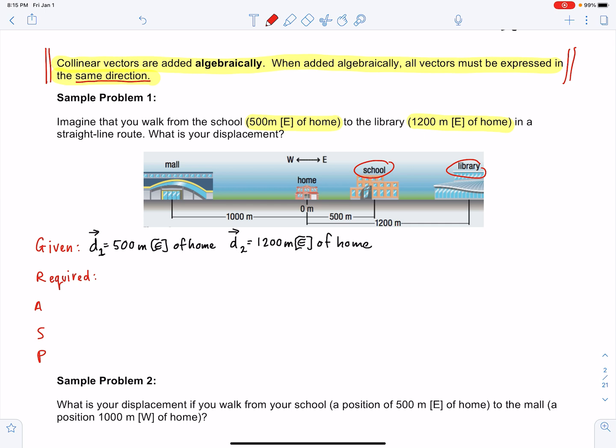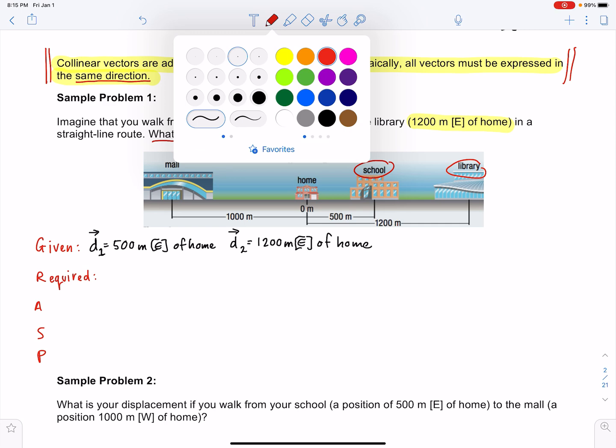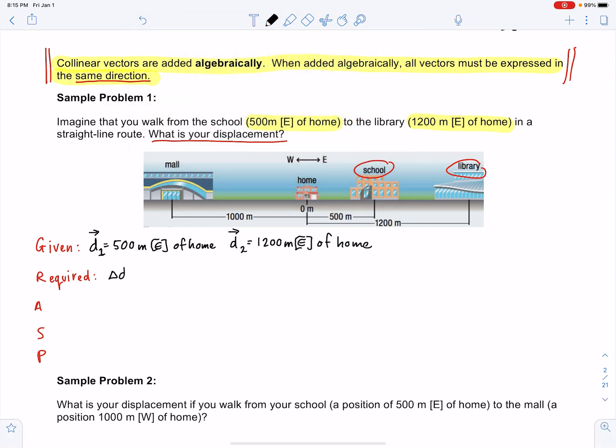So if you read this question, you can see that they're asking you to find the displacement. What is your displacement? The symbol for displacement is delta D with an arrowhead on top. So we're given initial position, final position, and we need to find our displacement.